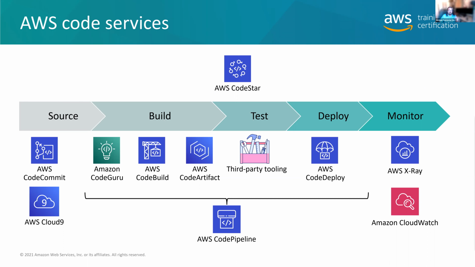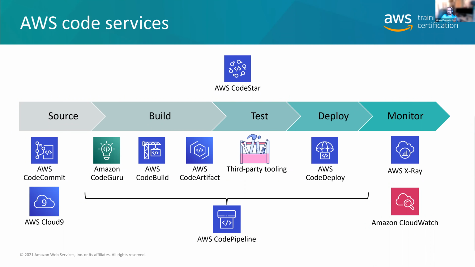How long did that run for? That's how Code Build charges you. Code Guru charges you for lines of code scanned. Code Deploy charges you for time and, God, something else, can't remember that one. X-Ray charges you for time run.